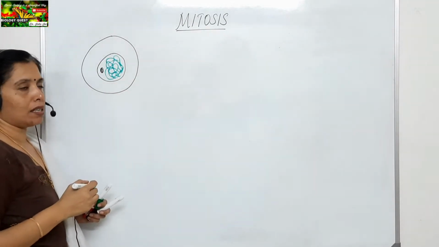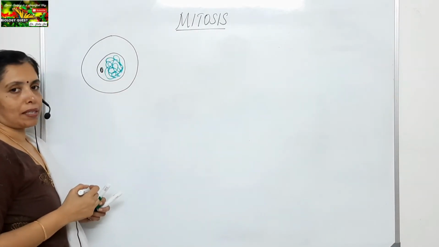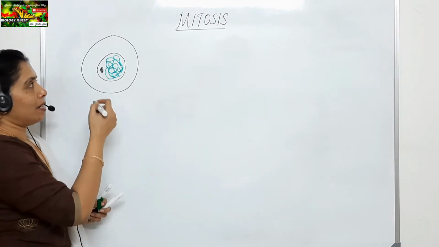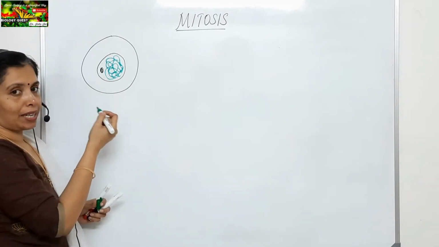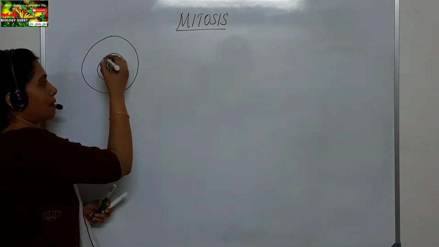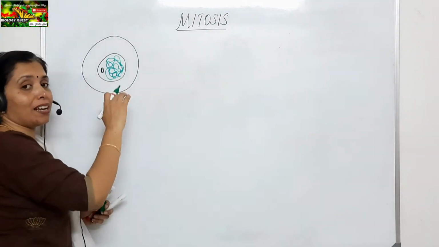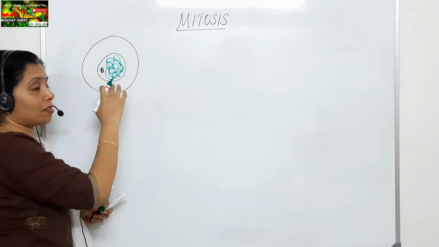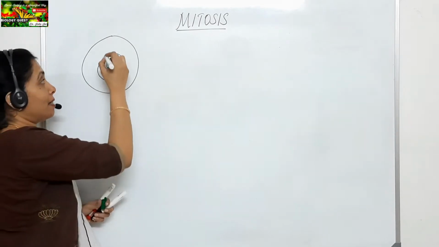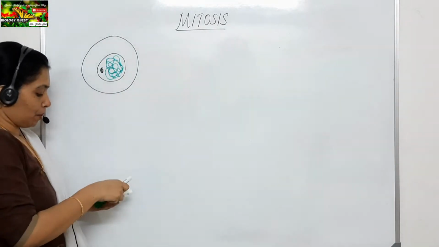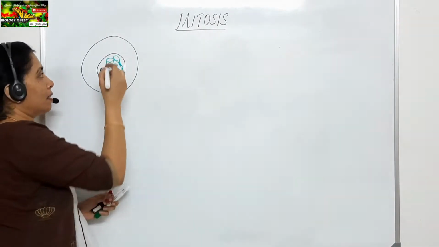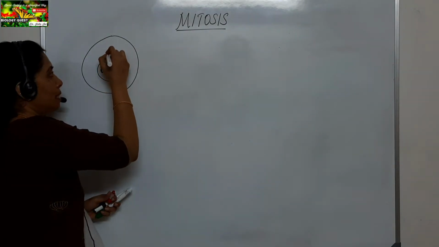So that is a cell at the interphase stage. That is an animal cell. We have seen that during interphase, duplication of the chromatin or the chromosomes has taken place and the centrioles have duplicated, isn't it? Centrioles have duplicated.